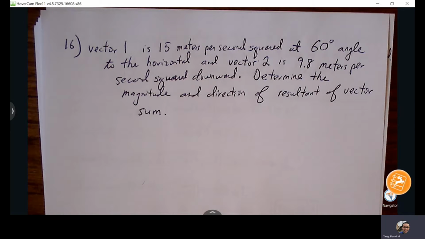Okay, but the challenge here is that we're going to have to create the component form for vector 1, because vector 1 is not at a north, south, east, or west, right? So we have to involve what we did if you're given magnitude and direction, right? Get into component form. So hypotenuse times cosine theta, and then hypotenuse times sine theta.